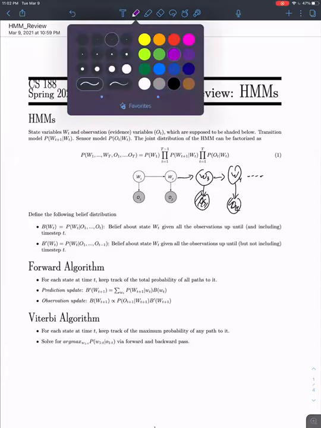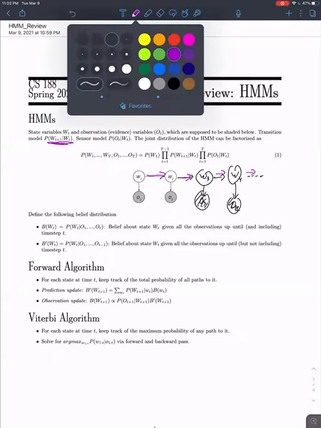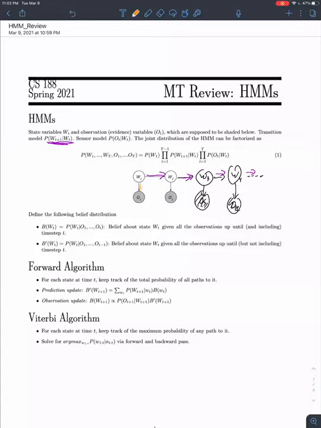You have the probabilities for these arrows here in purple that we assume are all the same. That's probability of W_{t+1} given W_t. And you also have these sensor models. For these downwards arrows, we assume that it's always the same probability distribution. It's probability of observation O_t given world W_t.